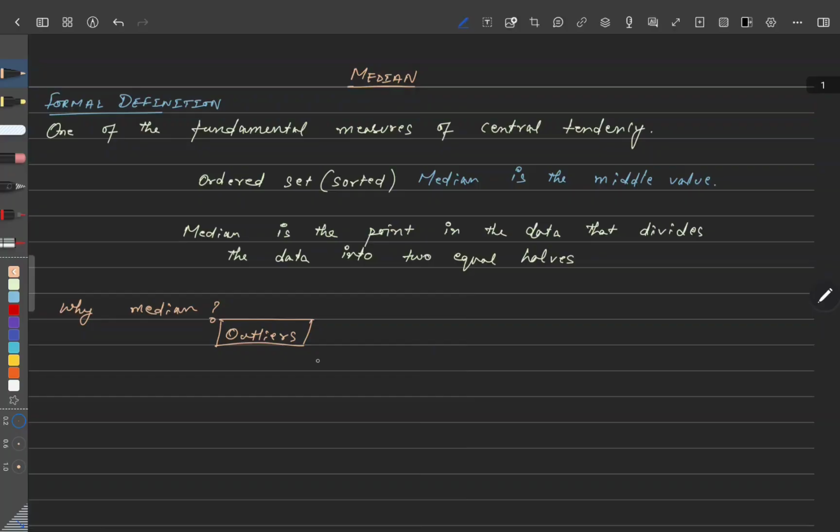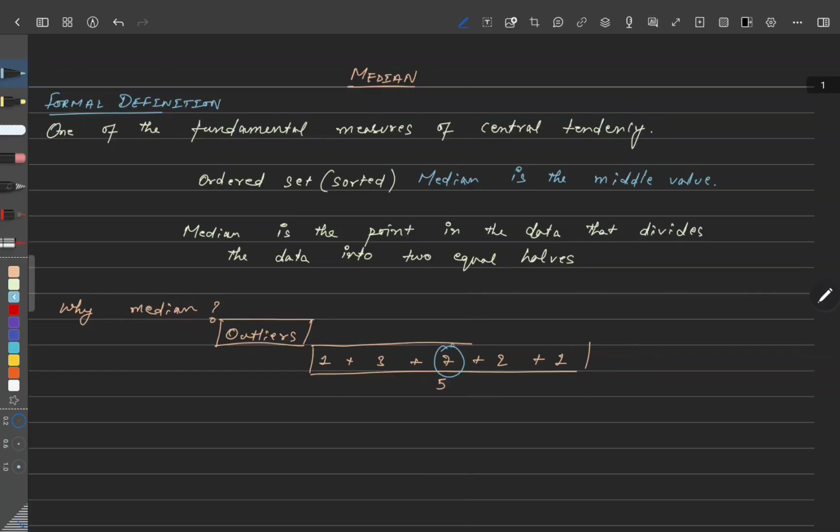If you remember the formula for arithmetic mean, we total each number, right? So 1 plus 3 plus 7 plus 2 plus 1, so we are summing every number. So for example, in this case, if 7 is the outlier, our arithmetic mean would get affected by this outlier, right? I also need to divide by 5, so this arithmetic mean will get affected by this outlier.